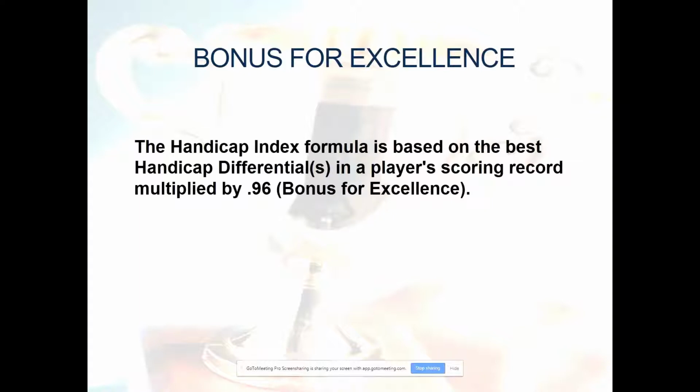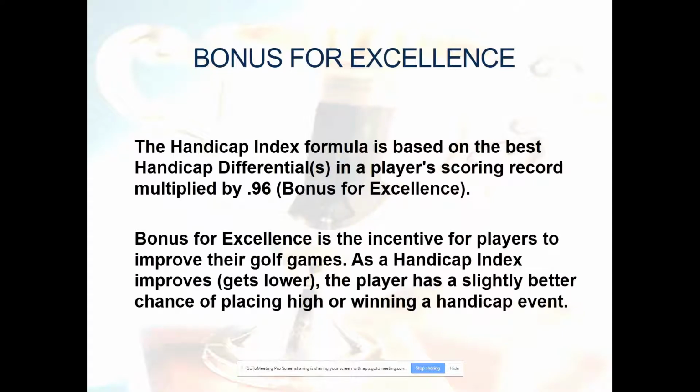All right, bonus for excellence. After you take all those differentials, say your last 20, you do an average of the best 10. At the very end of that calculation, there is a multiplication by 0.96, which is called bonus for excellence. The point behind this is that it is trying to provide an incentive for players to improve their golf games.